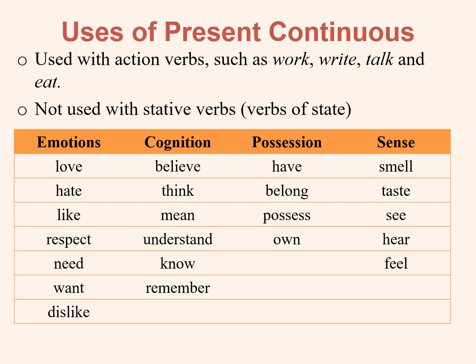On the chart on this slide, I have listed stative verbs. There are four classifications of stative verbs: verbs of emotion, verbs of cognition, verbs of possession, and verbs of sense.